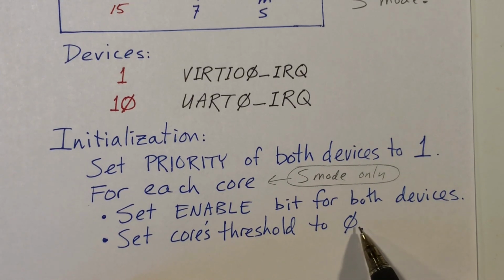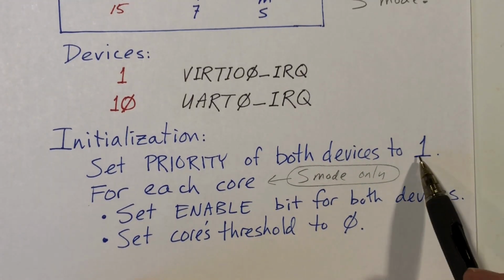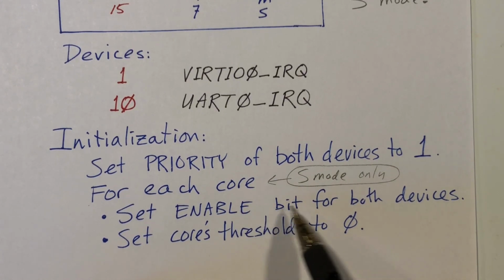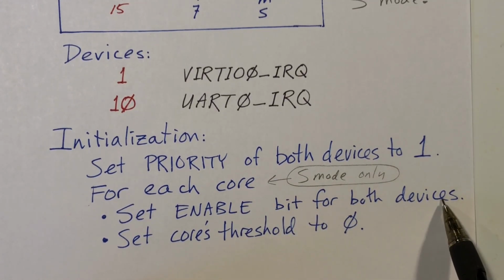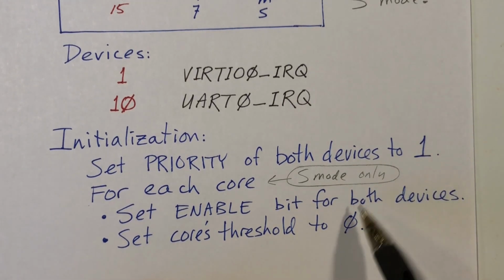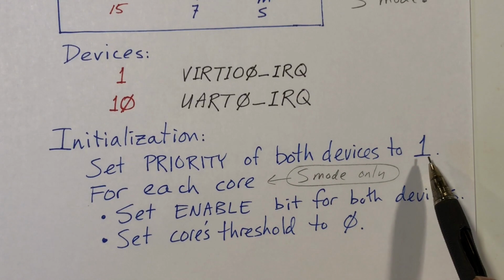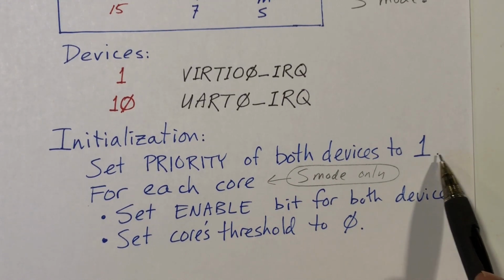So the threshold won't stop any particular interrupt from getting through. And we will also set the enable bit for both the devices. So this means that any device can interrupt any core. Or more precisely, when a device signals an interrupt, all cores will have an interrupt signaled.